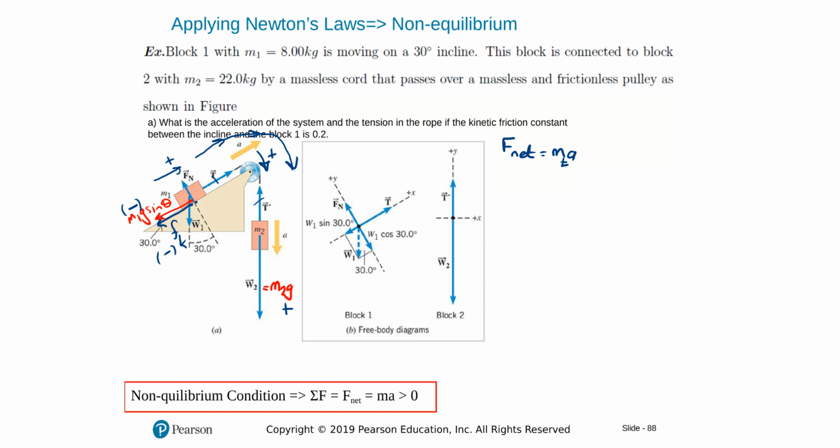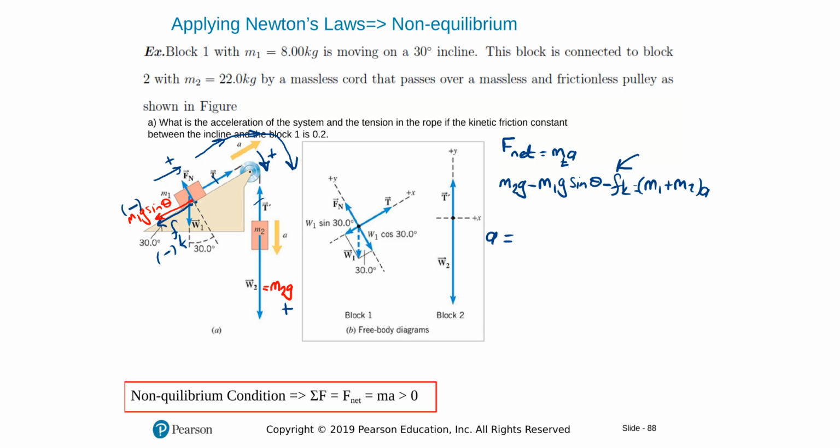So I'm going to write down M2G minus M1G sine theta minus F kinetic is equal to M1 plus M2 times A in this case. We already know these two guys, right? We're going to find the friction, insert it in there, and solve for A.